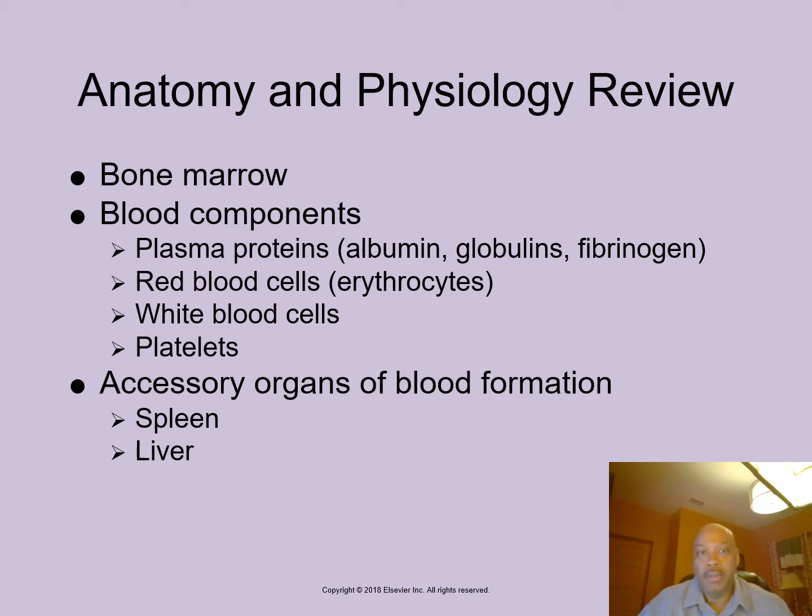Now, white blood cells are also formed in the bone marrow. There are many types of white blood cells, and they have specialized functions, and they provide protection through the inflammatory and immunity process. We'd like for you to take a look at table 39-1 for these functions. Platelets are the third type of blood cells, the smallest of the three, formed in the bone marrow.